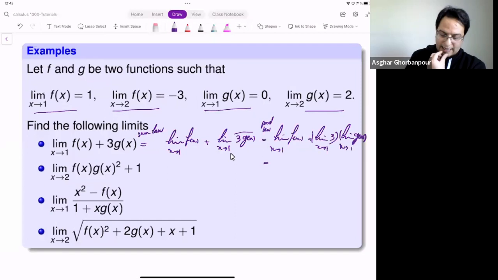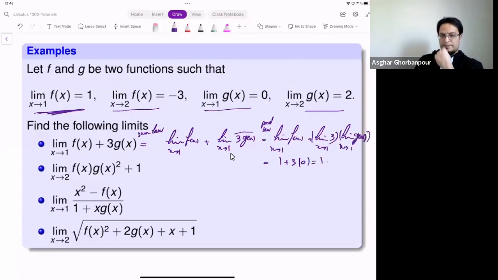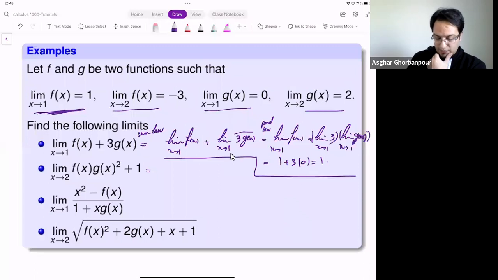And then use the facts given. For the function f, the limit at 1 is 1, plus 3 times the limit of function g as x approaches 1, which is 0. So I have 1 for this. You can apply the same kind of rules to a different set. I will just write it very fast for this one.